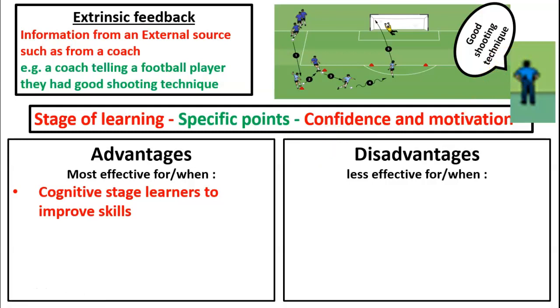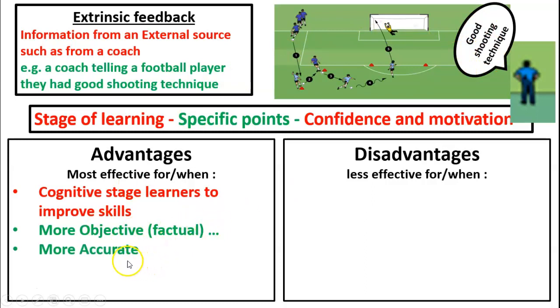It's coming from an external source, so it should be more objective, which you could translate into factual, based on data, based on the truth. Okay, so if it's more objective and coming from an external source, this should mean that it is more accurate. So one of the advantages of extrinsic feedback is that because it's objective, coming from someone else, and based on facts, it should be more accurate.